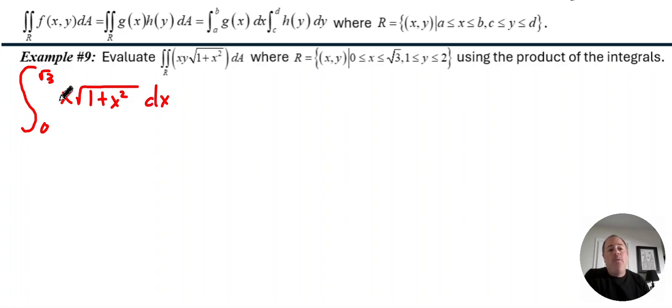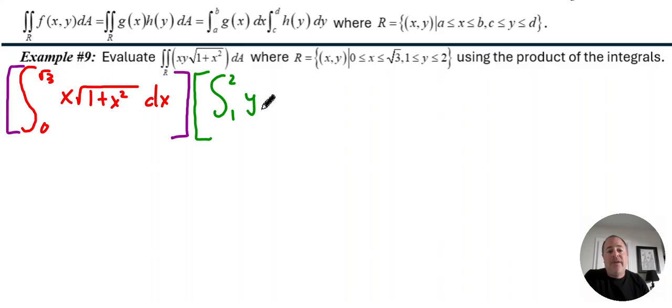I'm going to take this whole integral, and then multiply that with our y values of 1 to 2, a very simple problem. If I can get a product of an integral with all of x's and an integral of y, you can split this apart, which is exactly what you see right here.